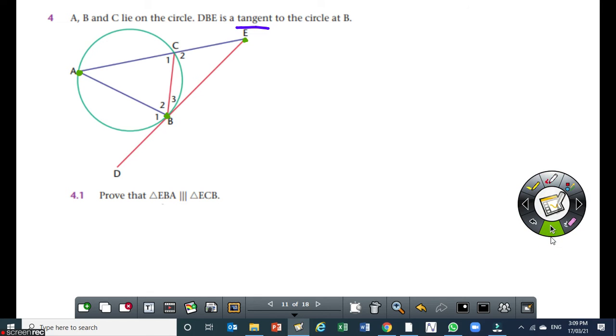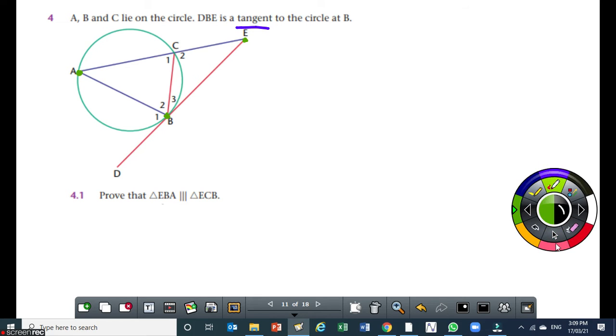So, what are we supposed to prove? Alright, here we need to prove that triangle EBA is similar to triangle ECB.